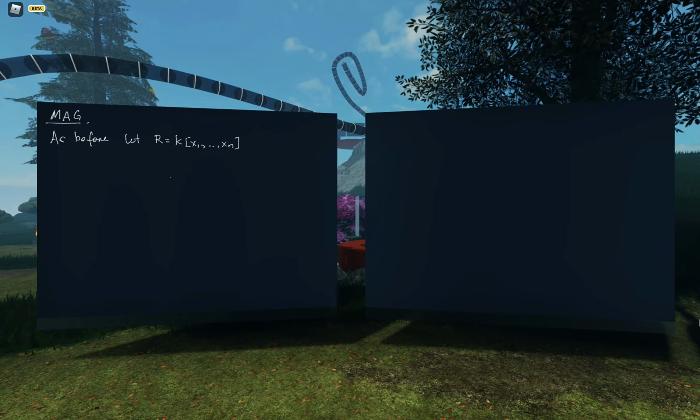It's easier to write, and we just have to remember that this is the polynomial ring, and this is the only kind of ring we'll be dealing with. n might change from 1, 2, 3 up to an arbitrary n, but R would be just this polynomial ring, and k is a field. I believe we talked a little bit about what fields are last week. In case you are uncomfortable with fields, you can think of this as real numbers, complex numbers, or rational numbers; they're all fine to substitute in your head.